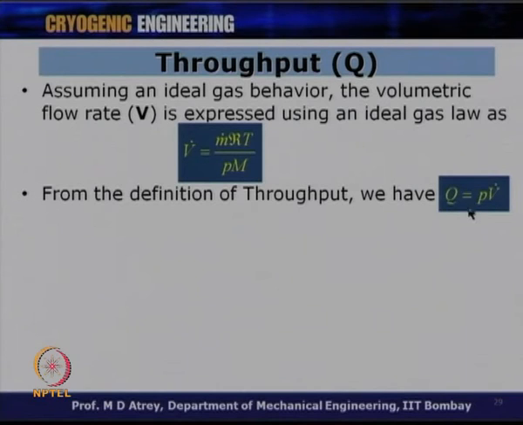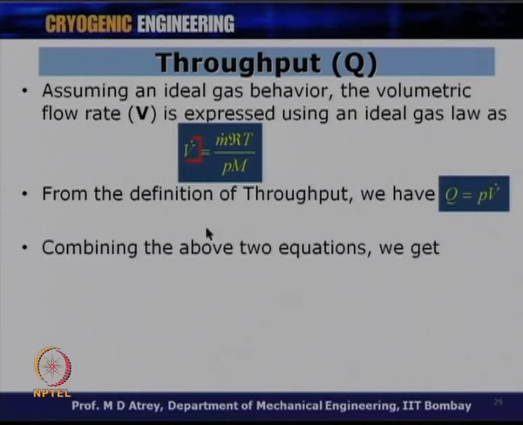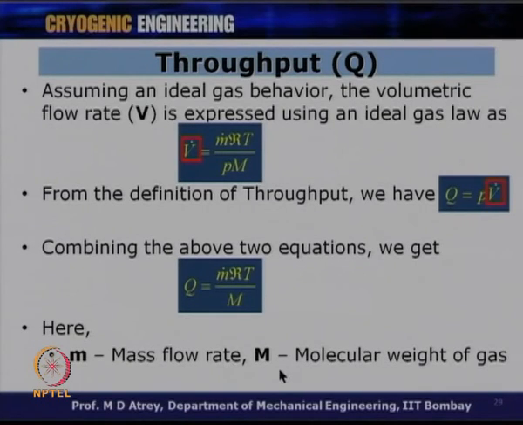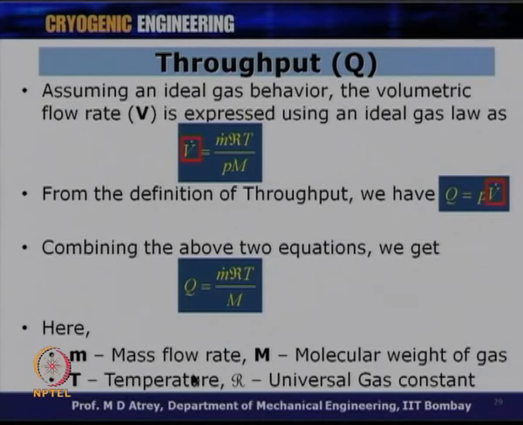Q is equal to P V dot, and if you put the value of V dot in this equation, this pressure and this pressure will get cancelled out, and I will get Q is equal to m dot RT upon capital M. So, I got a relationship between mass flow rate, temperature and the value of Q, where m dot is the mass flow rate, capital M is the molecular weight of the gas, T is the temperature, and R is the universal gas constant.